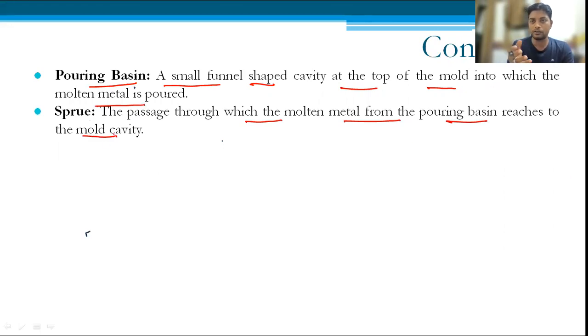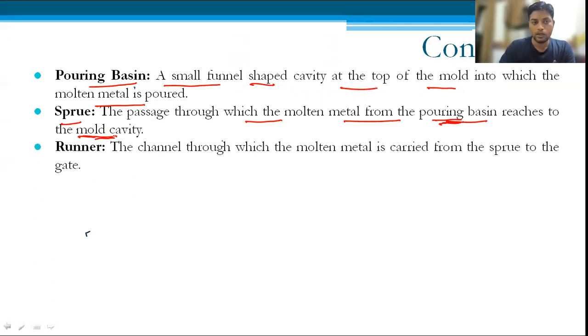There are different types of gating systems, top gate and bottom gate, so that depends on which gating system we are using. In other terms, by using this sprue we take the molten material from the pouring basin to the runner.